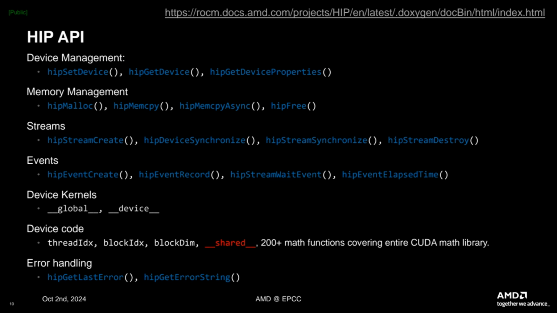What's relevant specifically for this talk is allocation calls for memory management, stream creation and synchronization calls, and also some calls for error handling, which are intended to debug errors that may be occurring at runtime, synchronization errors associated with kernels, and also API call errors. We'll dive deep into those next.